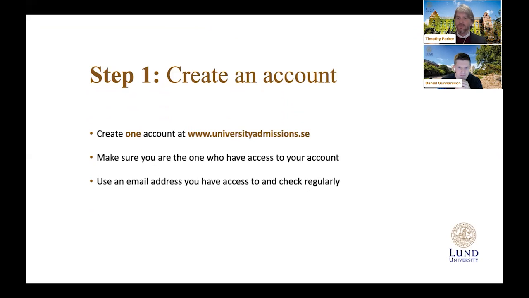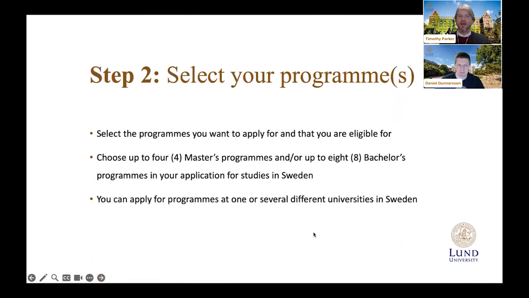Here at Lund University, we will be using the email address that you use to create your account to send you important application information, reminders about events, tips and tricks for your application, and other useful information as well. So make sure you use an email address that you have access to and check regularly when you make your account.